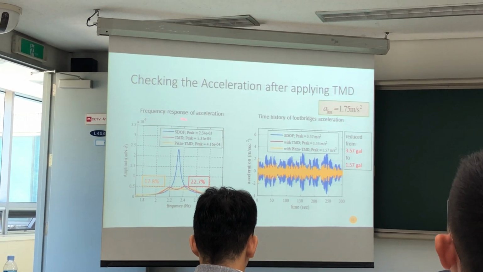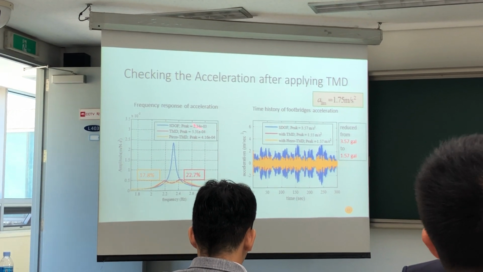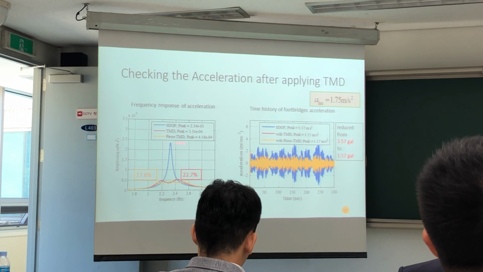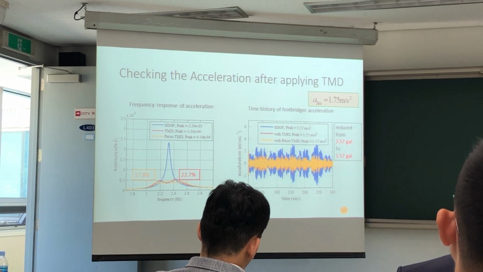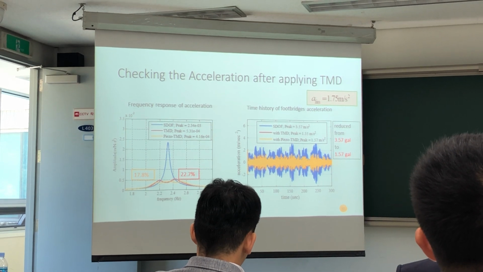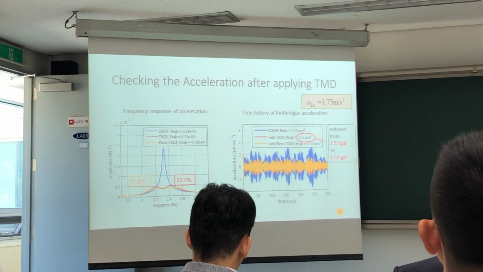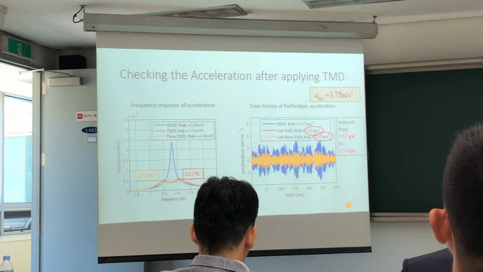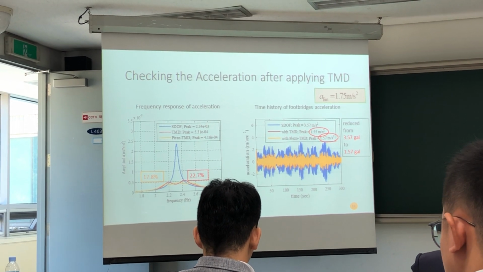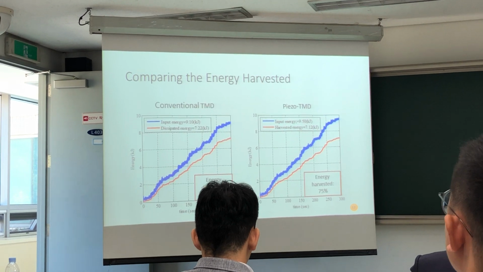In the frequency response, both the conventional and piezo TMD reduce the peak value of the acceleration, from 3.57 down to 1.57.